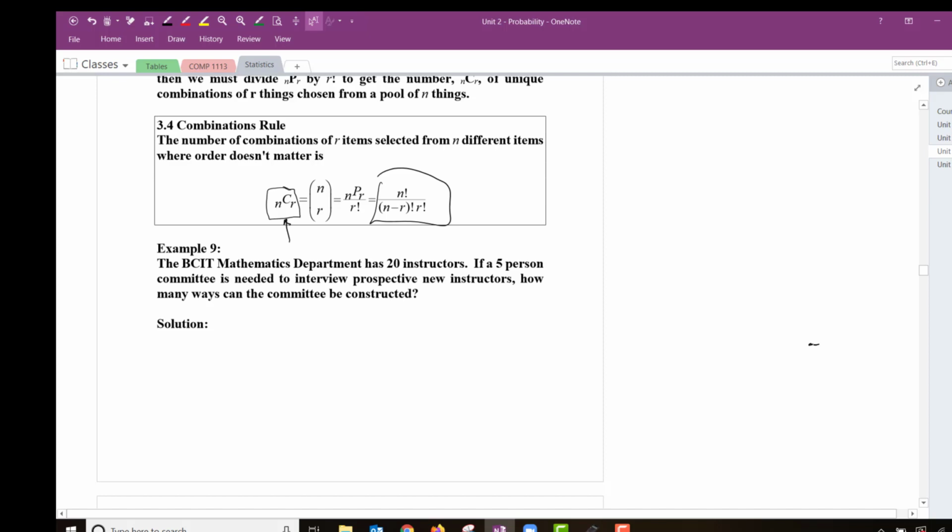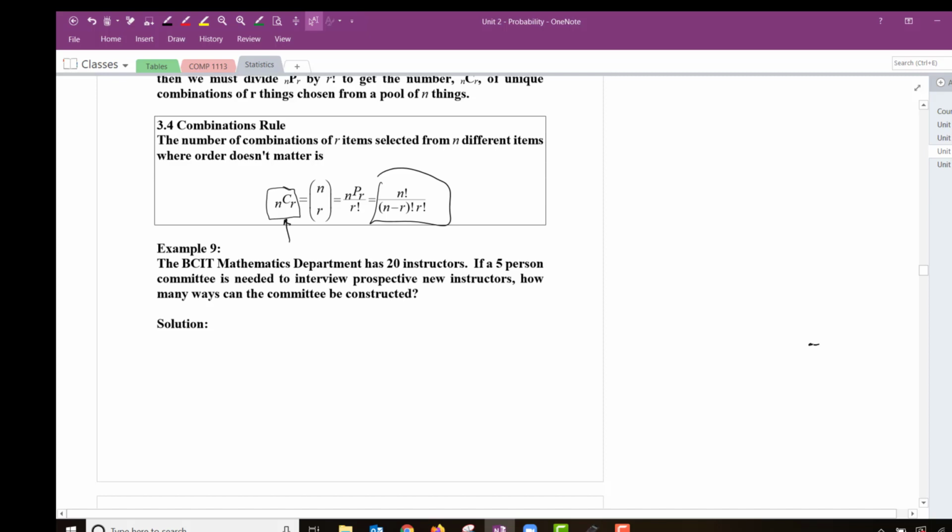The math department has 20 instructors. We need to make a committee to hire people. So we get 5 people together to be the interview committee. How many different committees can we come up with? The first thing we have to ask is, does the order of the people on the selection committee matter?